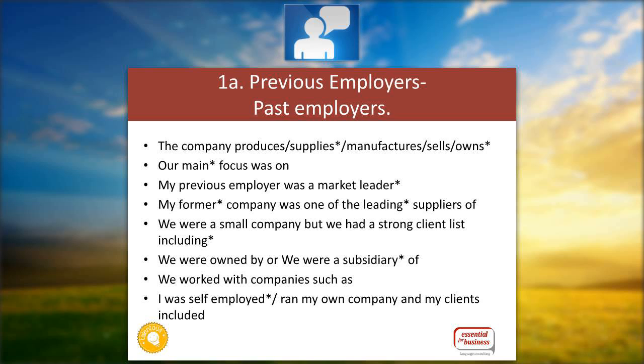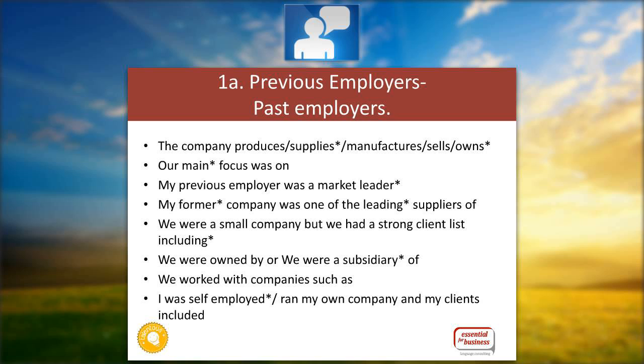Now, supply, excuse my bad Spanish, but in Spanish it should be suministro. So to supply something, so when you supply to another company. Manufacture is to create. Produce, very similar. Sell should be very, very obvious. And owns should be dueño, I think. We can also talk about our main focus was on.